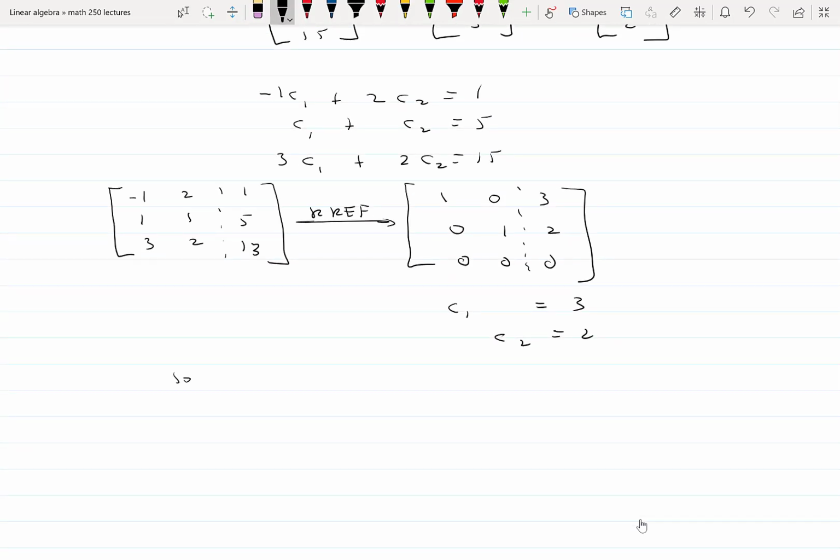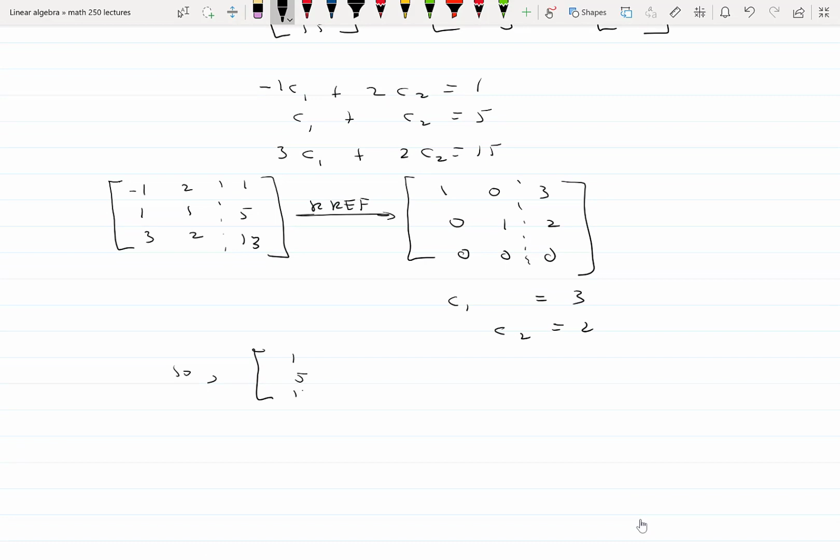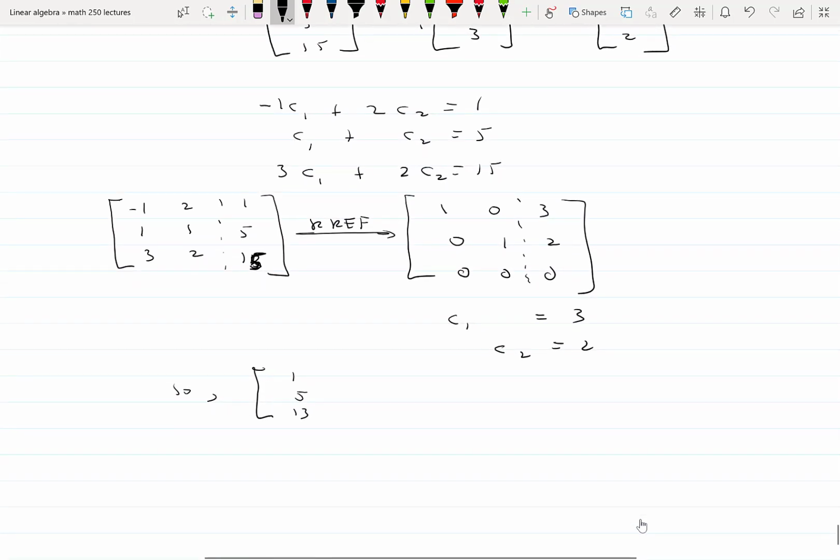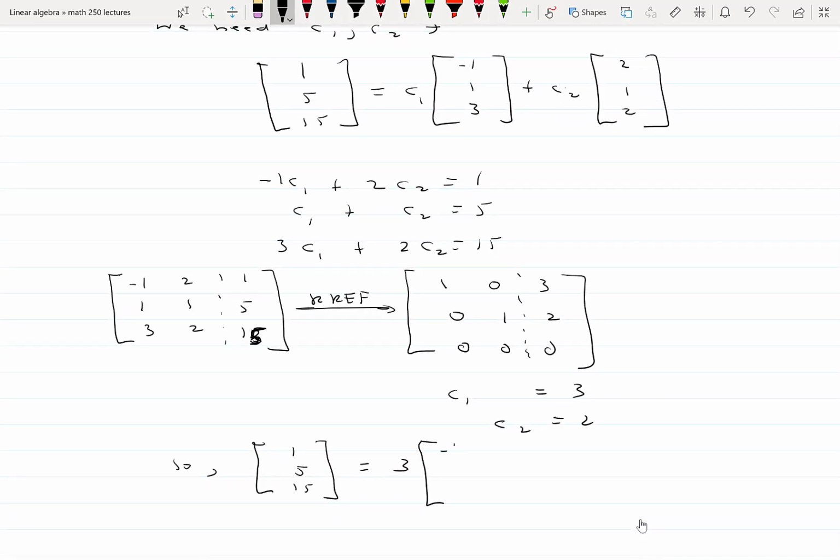So the point, was it 1, 5, 15 or 1, 5, 13? I think that was 1, 5, 15. I wrote 13 in the augmented matrix; I'll fix it. It says the column vector 1, 5, 15 equals 3 times -1, 1, 3 plus 2 times 2, 1, 2.